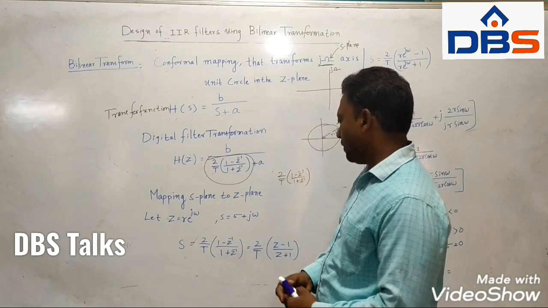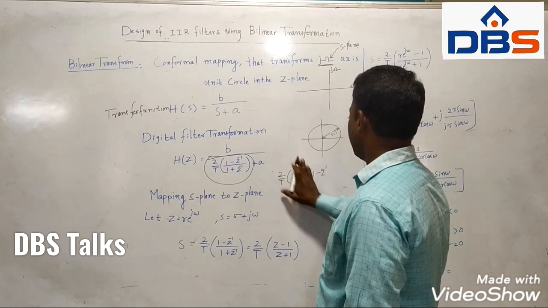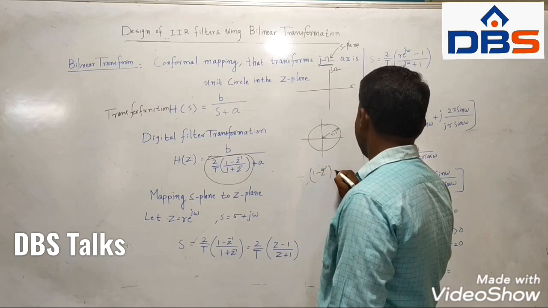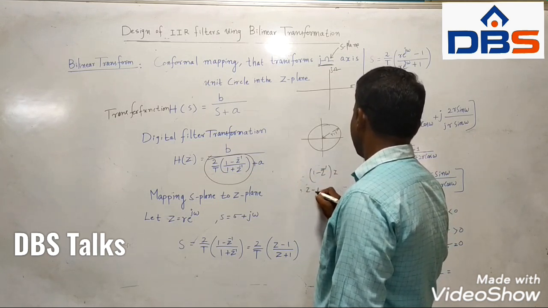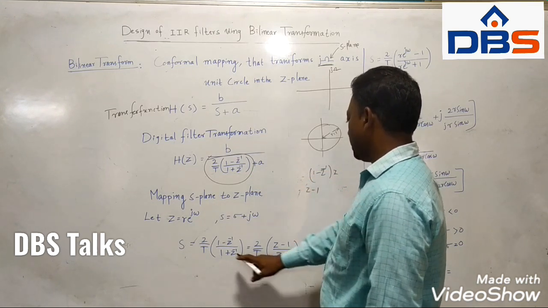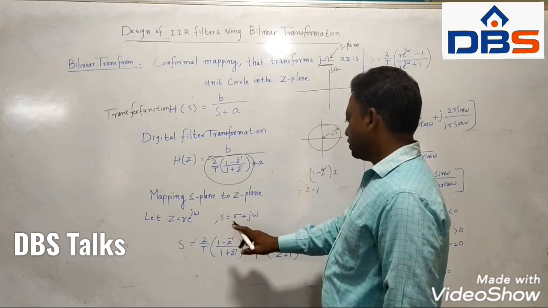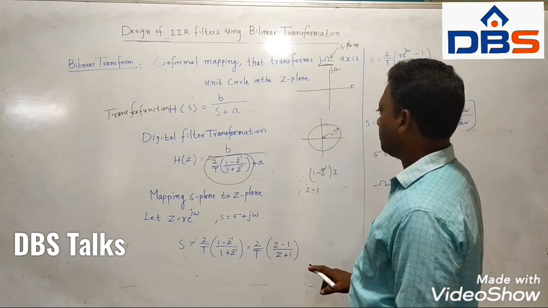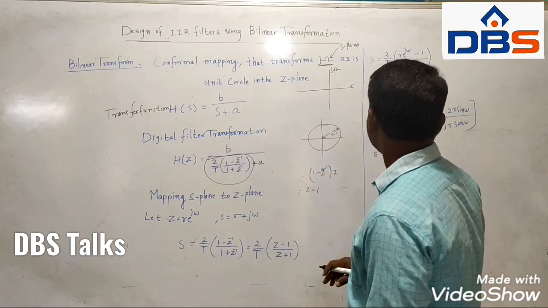When you multiply 1 minus z inverse by z, what you will get? You will get z minus 1. That's what is written here. In the same way, if you multiply by z, you will get z plus 1. So if you substitute s is equal to 2 by T into z minus 1 by z plus 1, then you will get the equivalent digital filter transfer function.